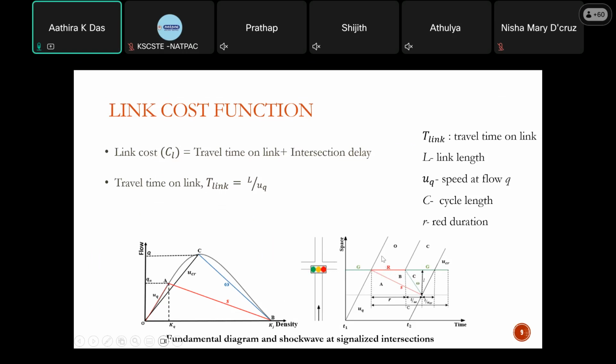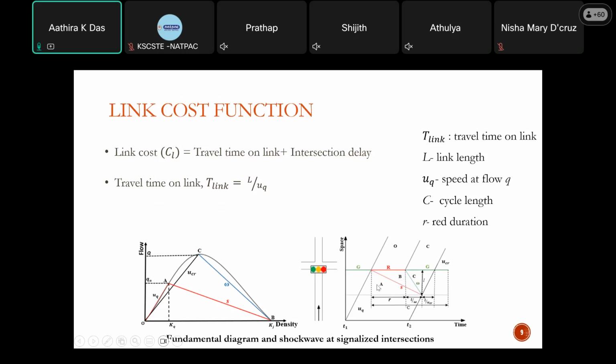At this time, the state immediately upstream of the stop line is 0. There is no vehicle and the flow is 0. And downstream of the stop line, the vehicles stop and form the queue. And here the traffic state will correspond to the jam density, and the flow will be 0.